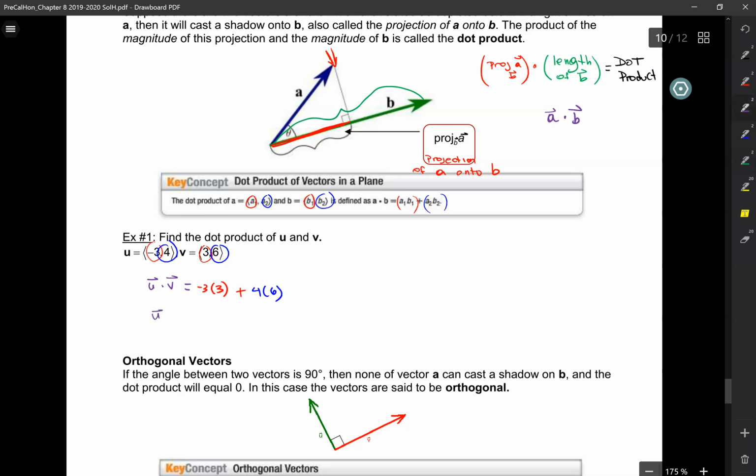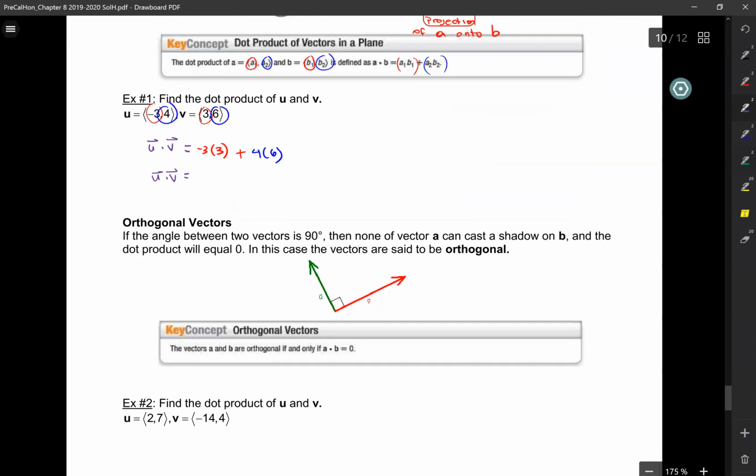So U dot V, negative 9 plus 24, 15. And that's it. That's dot product. It's a scalar, it's a number, period.